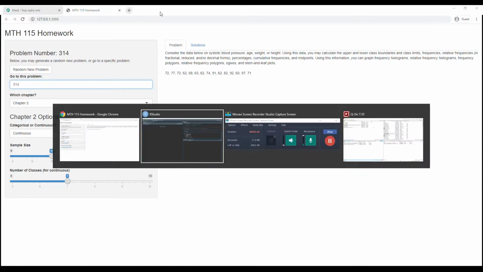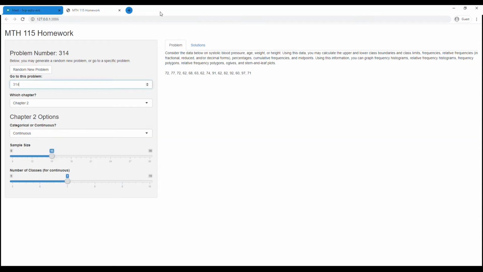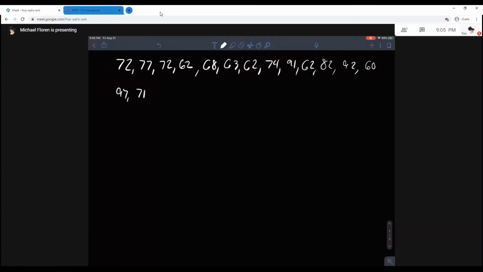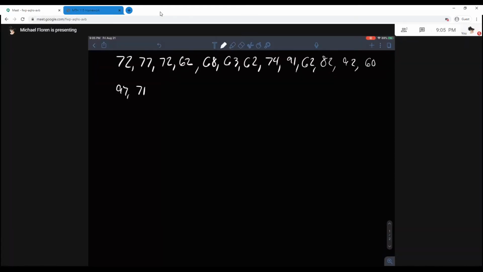So this is my data set that I'm going to be working with. So I've got it all jotted down in my terrible, terrible handwriting.